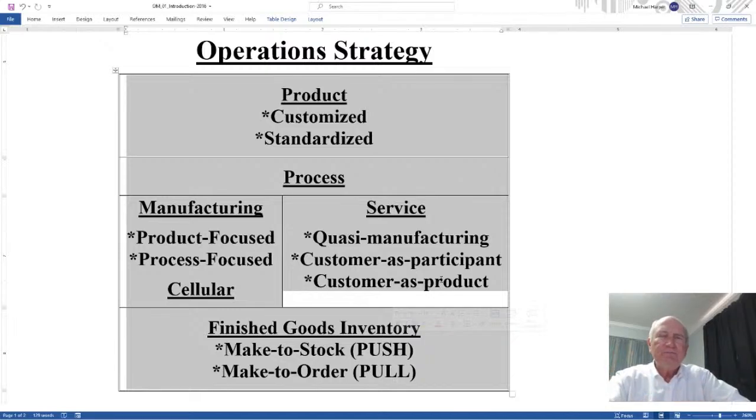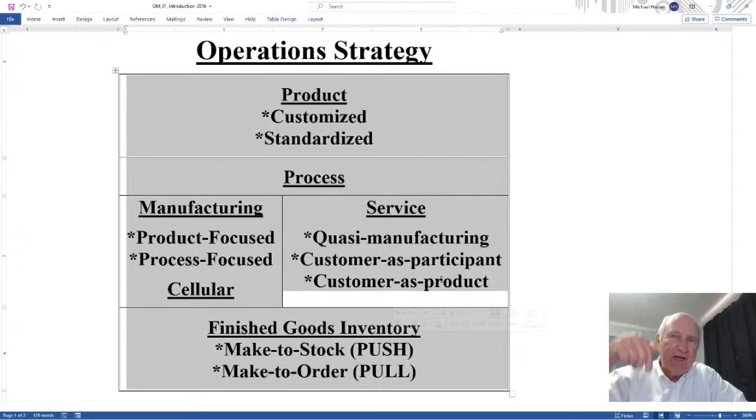80 years ago, after World War II in the 1950s, the operation strategy was very straightforward: mass production. In other words, they had very large factories, because in the United States we had a lot of factories shifting from wartime production to peacetime production, and so that manufacturing started creating very large amounts of product.